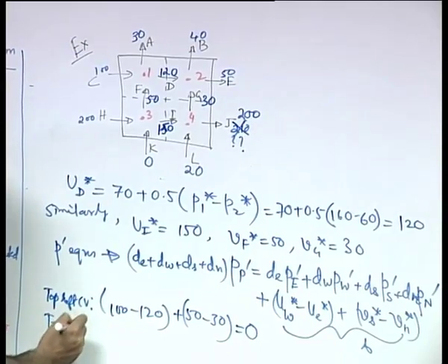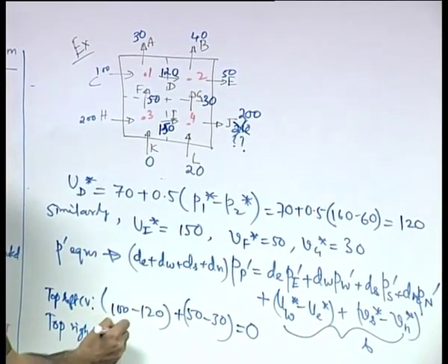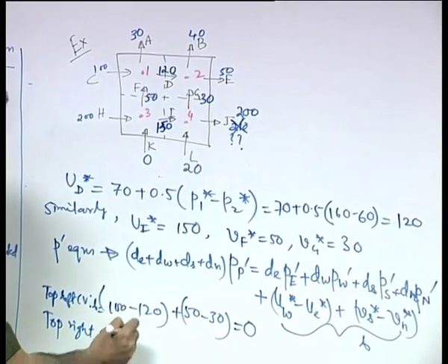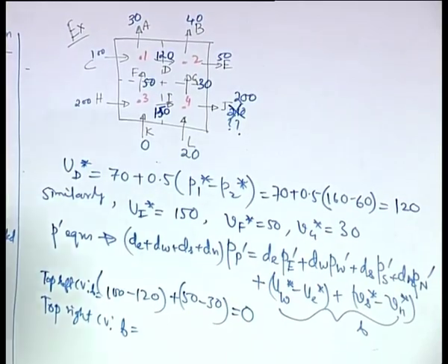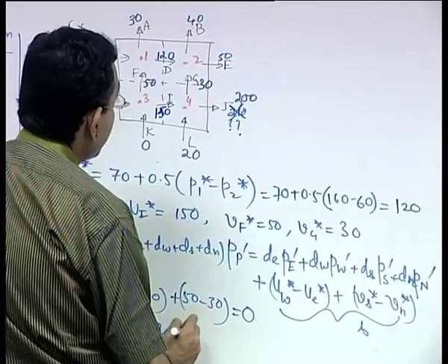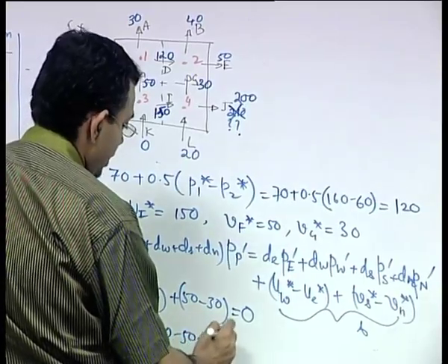Then top right CV, we are calculating the term B equal to 120 minus 50 plus 30 minus 40.